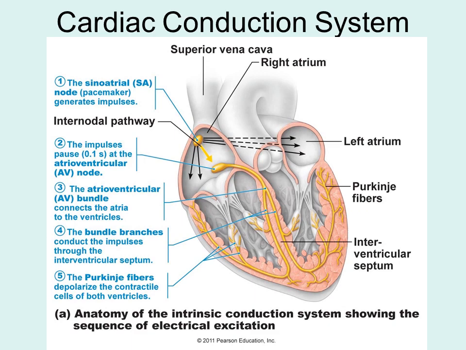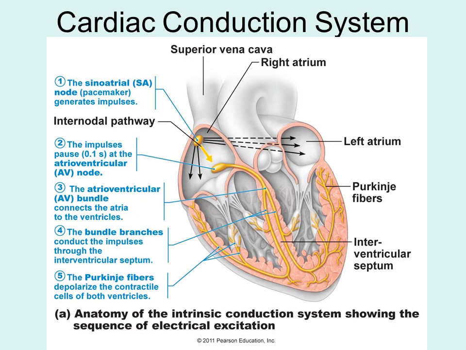The cardiac conduction system refers to the intrinsic conduction system that shows how you initiate the electrical impulse that's going to trigger the heart to contract. The electrical impulse is not triggered by the nervous system.